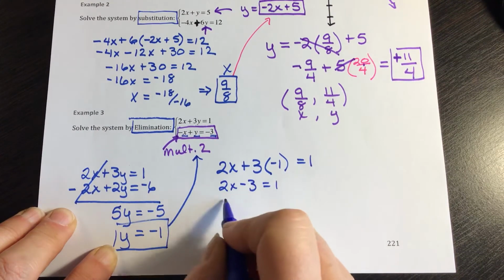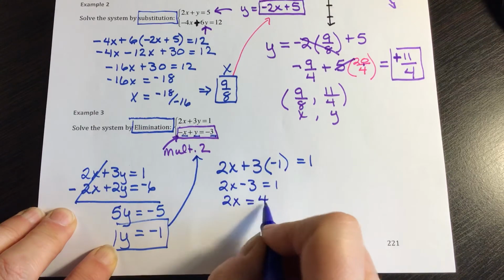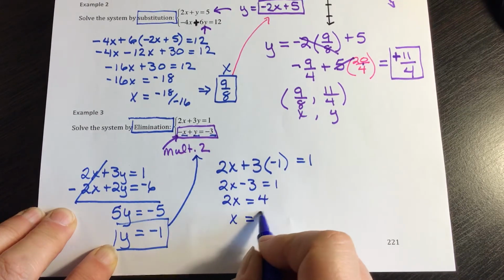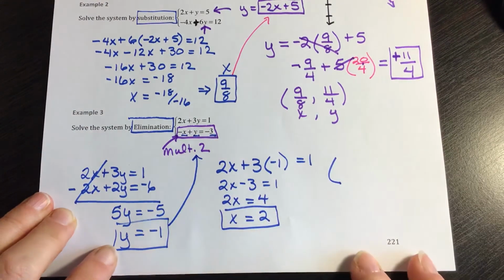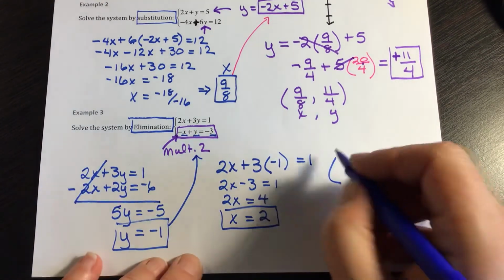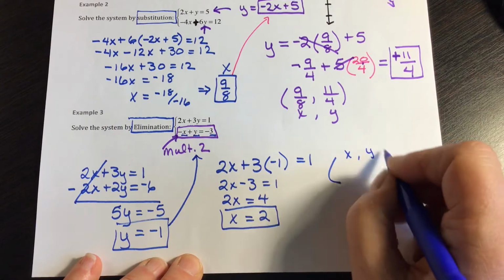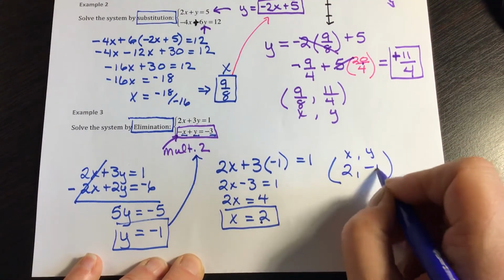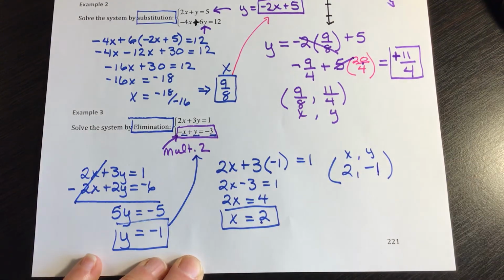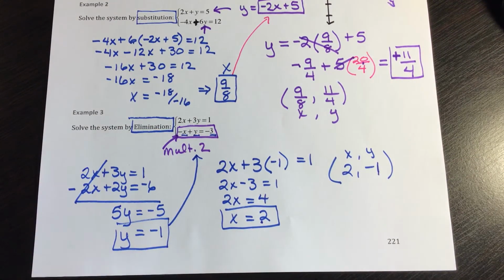I'm going to add 3, so 2x is 4, and x is 2. So my solution, and again, I can write this as an ordered pair, x y, is going to be 2, negative 1. And I would prefer that you write your solutions as ordered pairs.